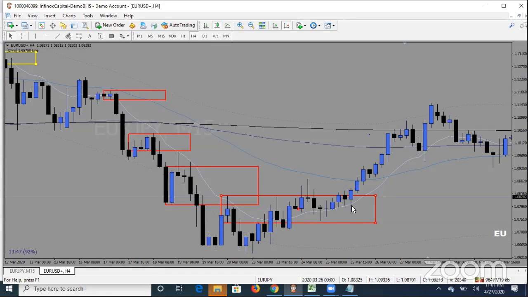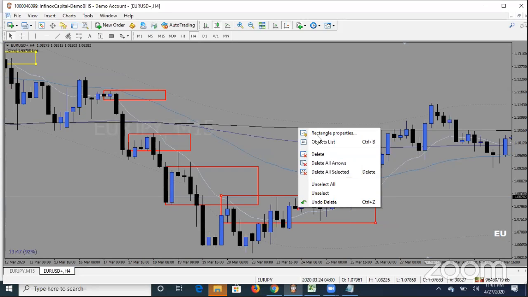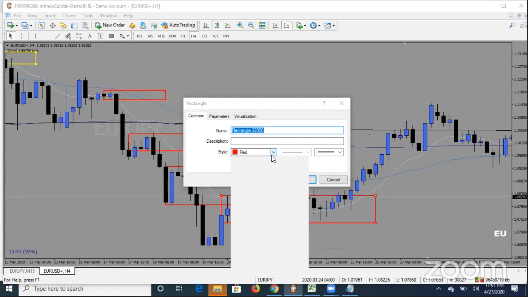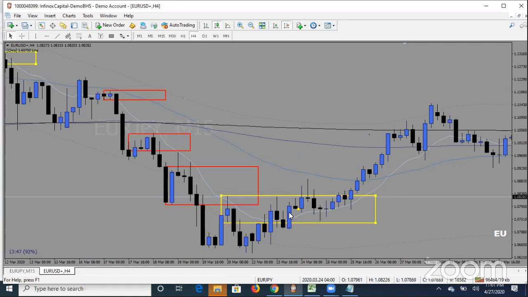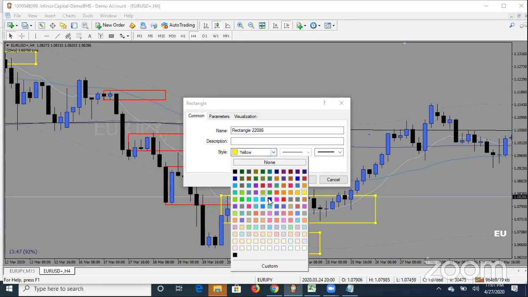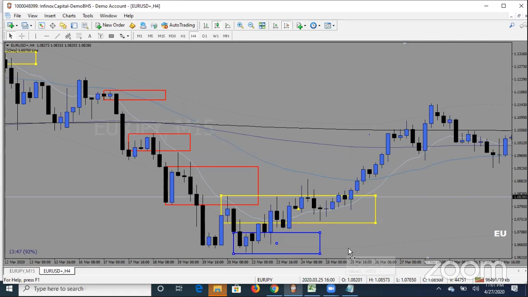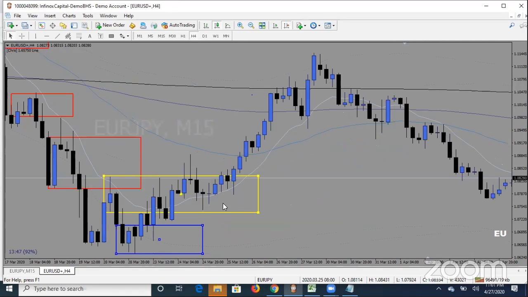When price broke above, we now have a breaker here. And then we have a source as the lowest low. I'll be waiting for opportunities to buy.